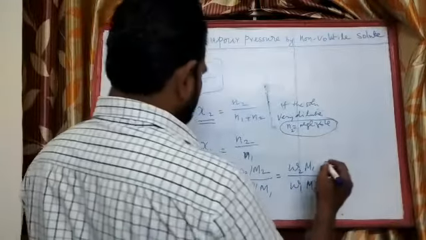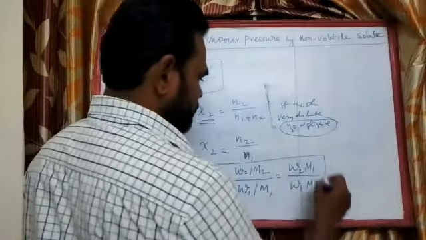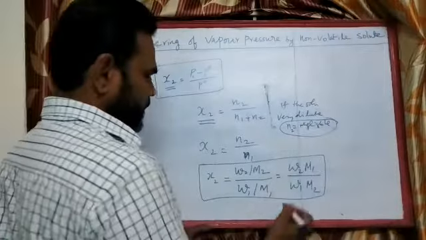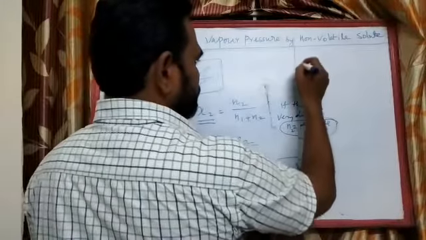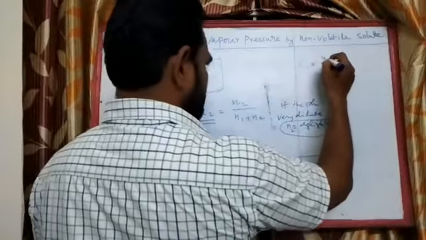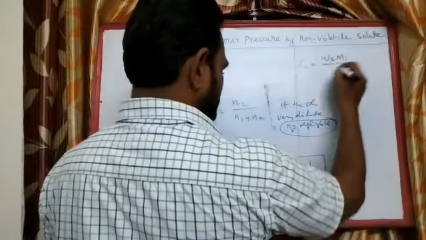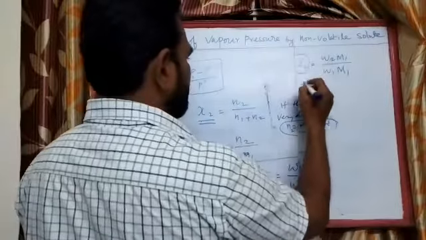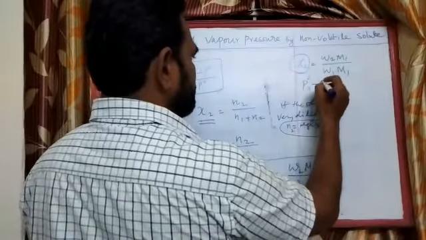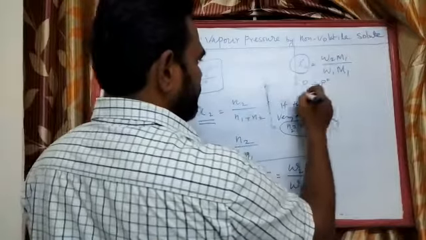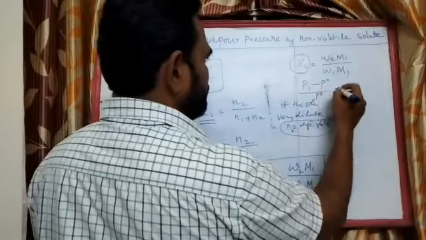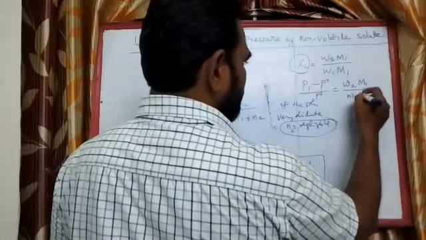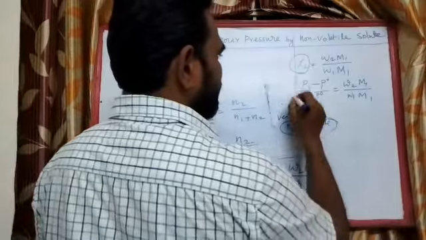Therefore x2, which is (P0 minus P1) all divided by P0, is equal to W2 m1 all divided by W1 m2.